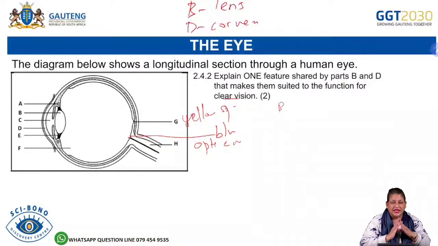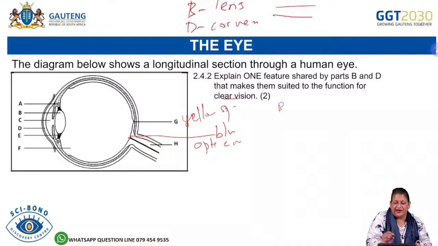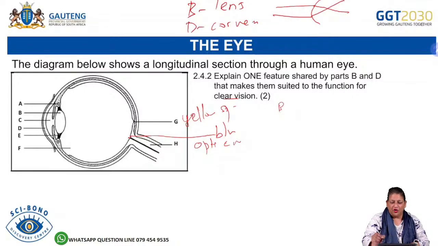It bends light. Remember, light always travels in straight lines. So the minute it hits a curved surface, a convex surface, the light will bend to form an image on the inside of the eye. So both the lens and the cornea are convex for refraction.